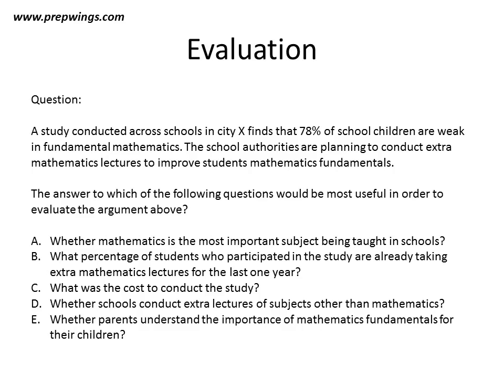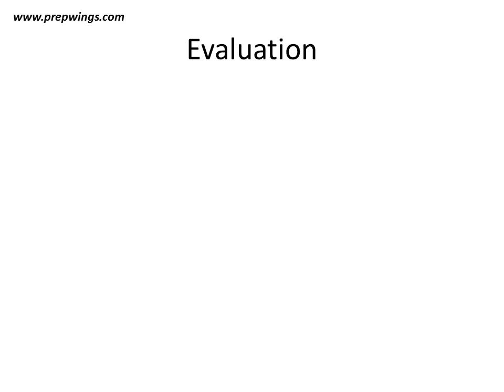The fourth option says whether schools conduct extra lectures of subjects other than mathematics. And the fifth option says whether parents understand the importance of mathematics fundamentals for their children. So if you look at the answer options, all of them are in question format.